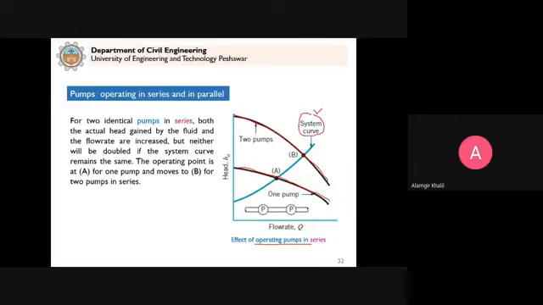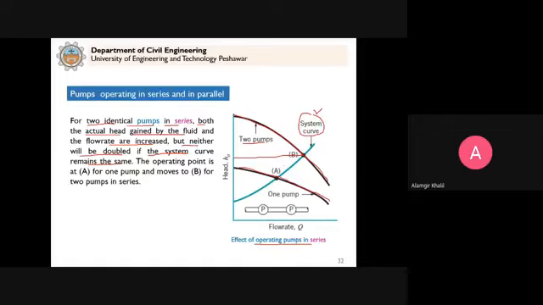So now in this case, this is the head required by the system, and this is the head that should be supplied by the two pumps operating in series. So you can see that the head is not necessarily doubled. Clear? For two identical pumps in series, both the actual head gained by the fluid and the flow rate are increased, but neither will be doubled if the system curve remains the same.